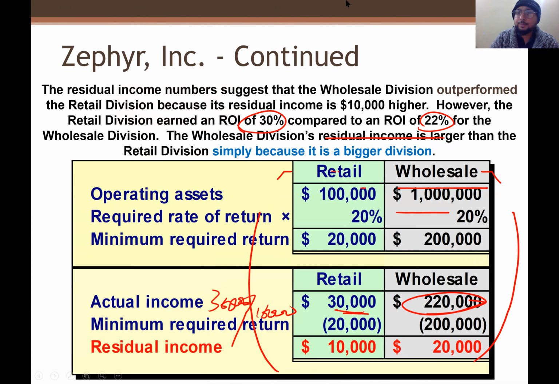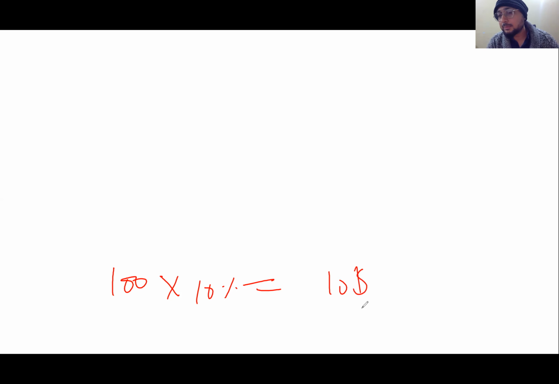Let me give you a simple small example. It is easy to earn 10% on $100, right? $10. David? Yes, sir. It is easy to earn $10 on a $100 investment, right? In most cases, yeah.